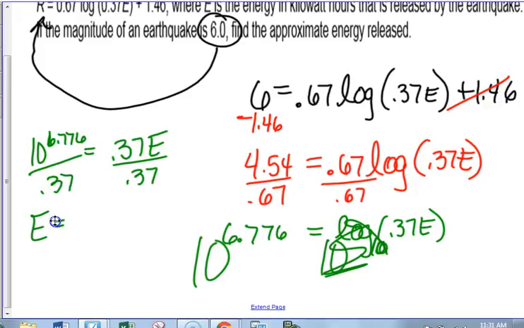Yeah, it's going to be a big number because this is the amount of energy from this. Wow. That is very, very large. 10 to the 6.776 divided by 0.37. Oh, poo.